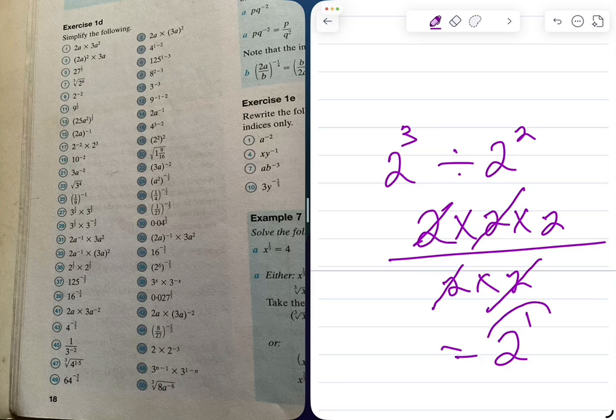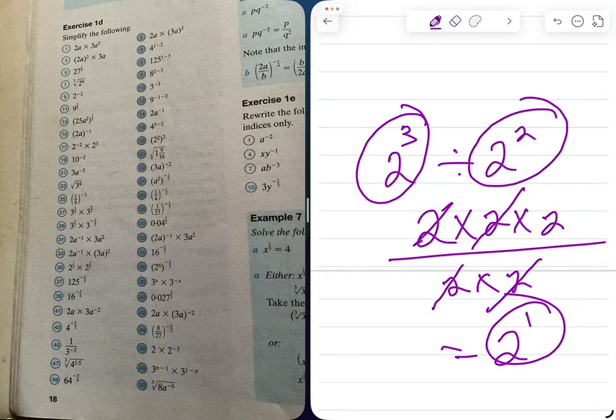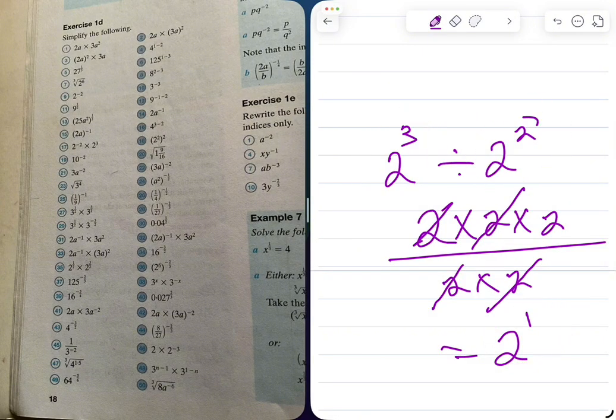So we'll say that this result is 2 raised to a power that is 3 minus 2. Take note, you are going to subtract the power of the denominator from the power of the numerator. If you say 2 raised to power 3 divided by 2 raised to power 2, the denominator is 2 raised to power 2. So you subtract the power of that denominator from the power of the numerator.